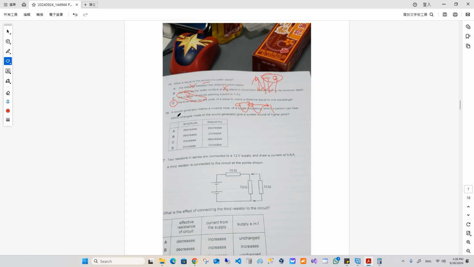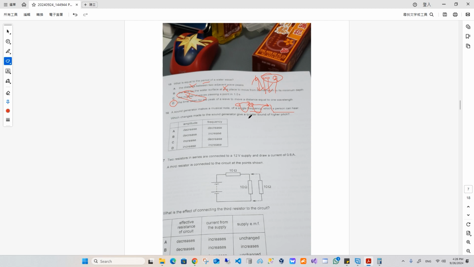Okay, so next question, 16. A sound generator makes a musical note of a single frequency which a person can hear. So audible range, right? Which change makes the sound generator give a quieter sound of a higher pitch?